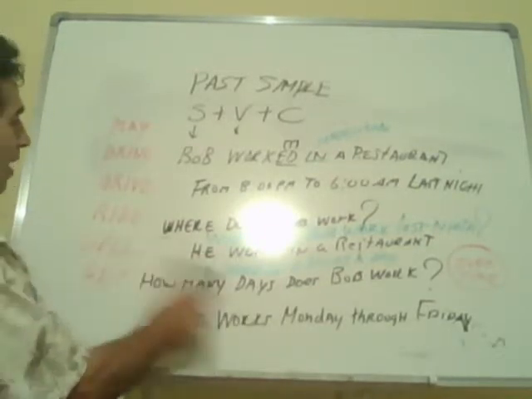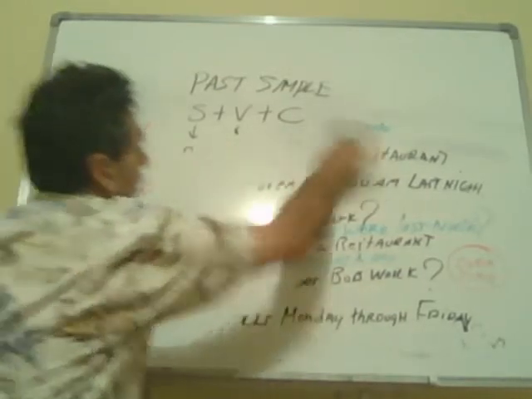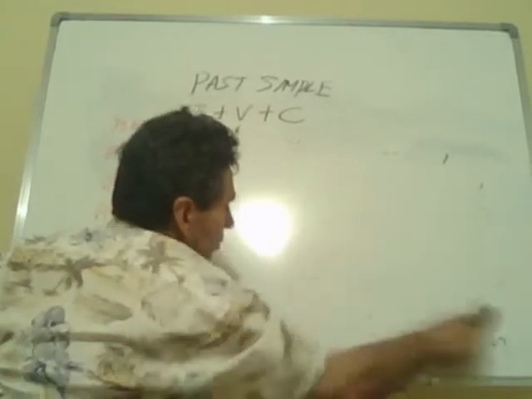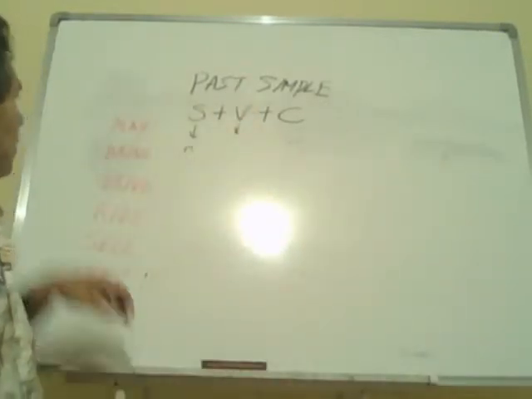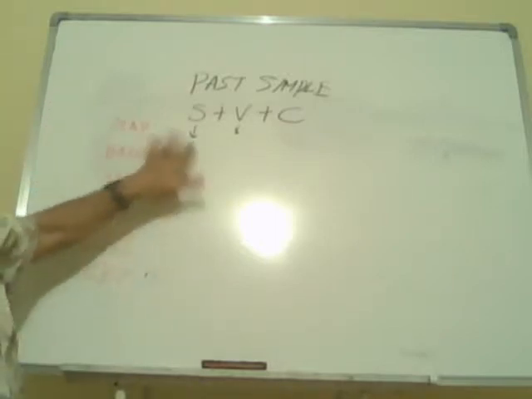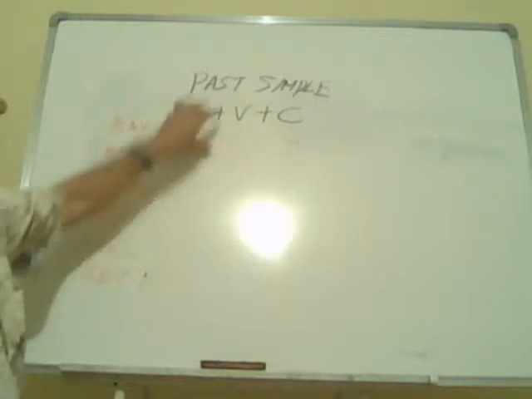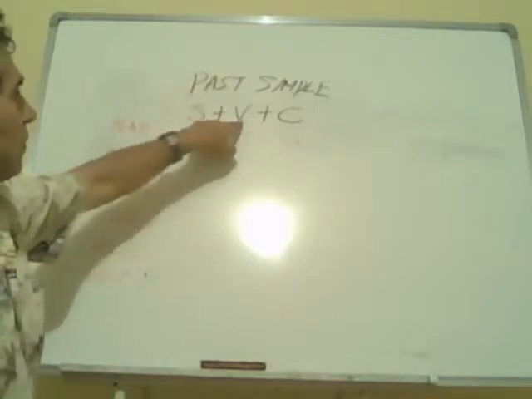Now, I may erase this part right here because I know you already copied this. All right? Notice that I could actually use any verbs when I'm using the past simple form. Right? Because I can use play, bring, drive, ride, sail, and get. Using the same structure, using the subject, verb, and complement.